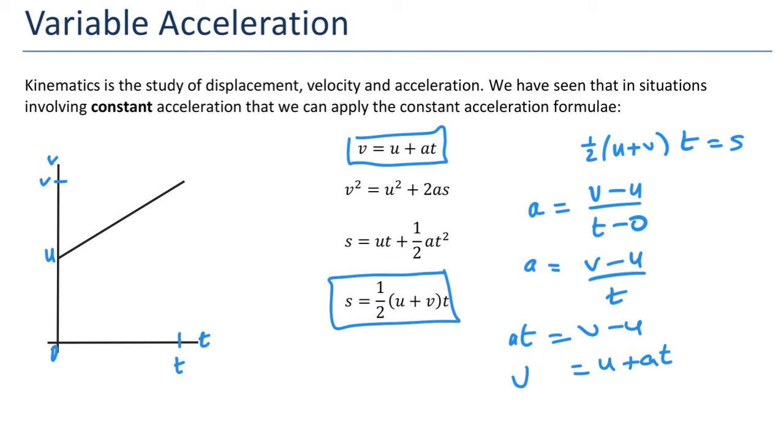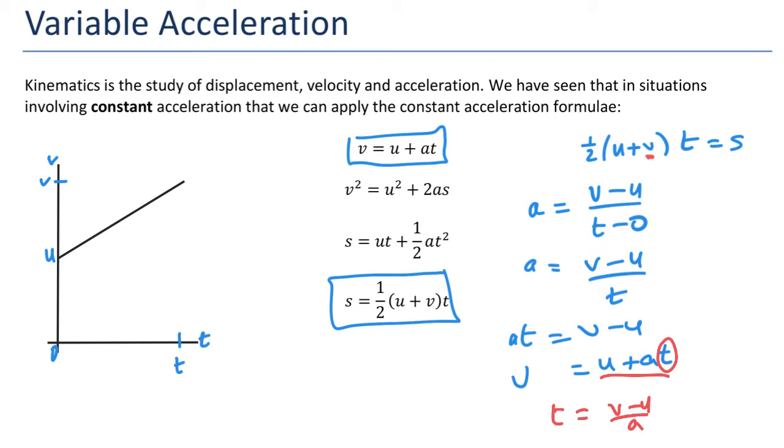To work out the other two, all we need to do is substitute v equals u plus at in for v, and that will get us our s equals ut plus a half at squared. And then the other way is to rearrange v equals u plus at for t, and that would be t equals (v minus u) over a.